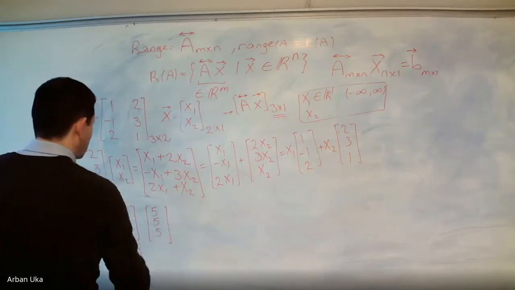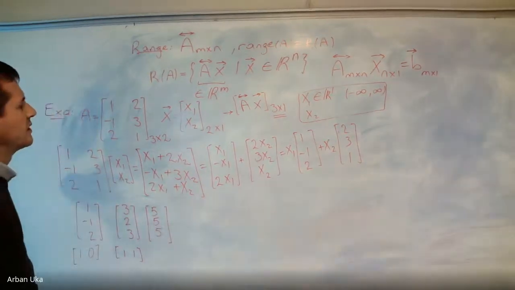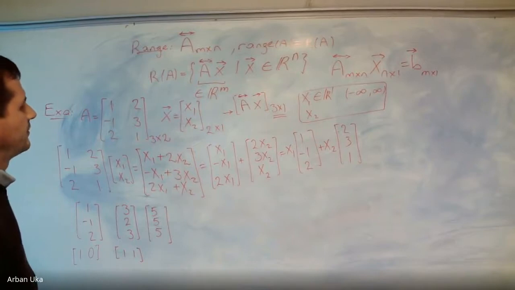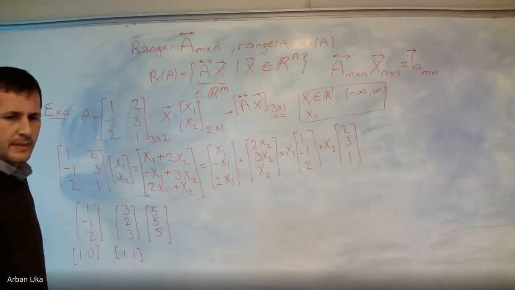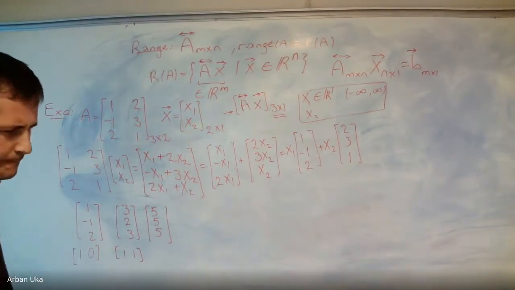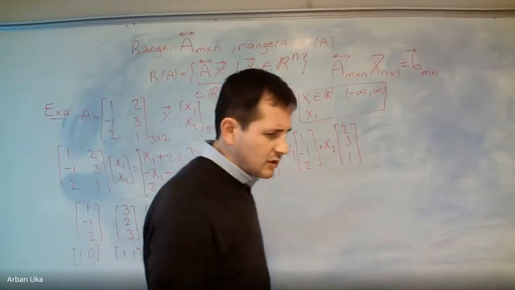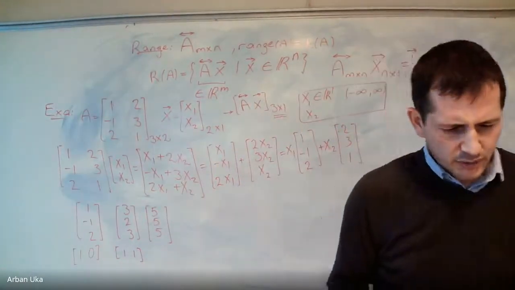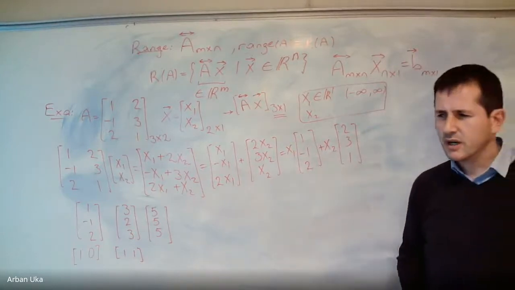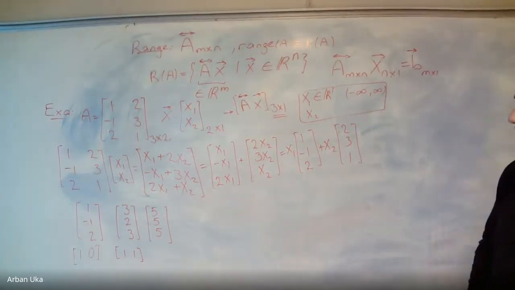What can you say about this? Is this in the range of A? How can we figure it out? So let's say that you have 1 hour to think about, but what would be your approach? How can you test whether this is in the range of A or not?